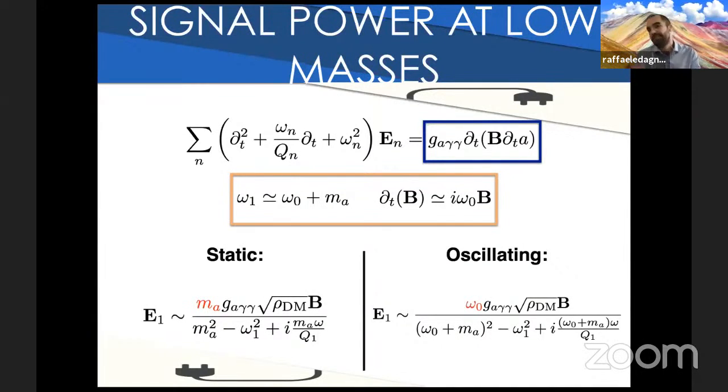So if you compare side by side the electric field that you get in a static experiment versus the electric field that you get in our experiment, you get a big enhancement of order omega-0 over m_a. And this enhancement becomes bigger and bigger as you go to lower axion masses. So this is the first simple reason why you're gaining something.